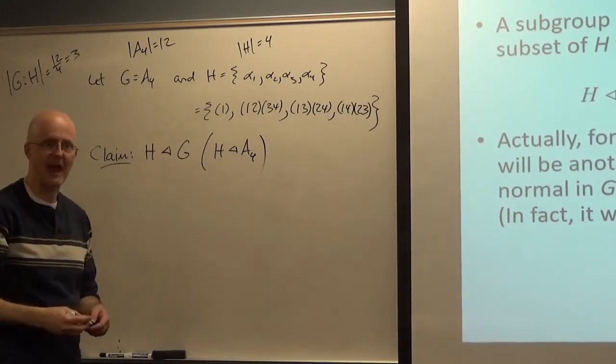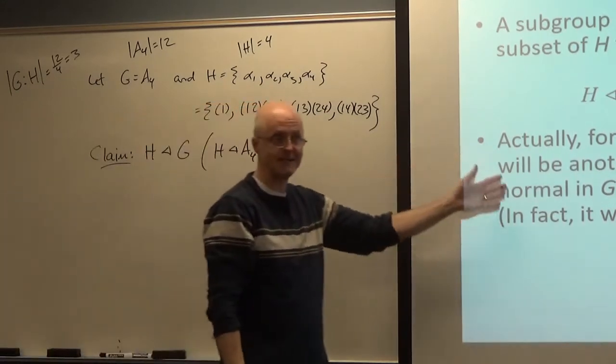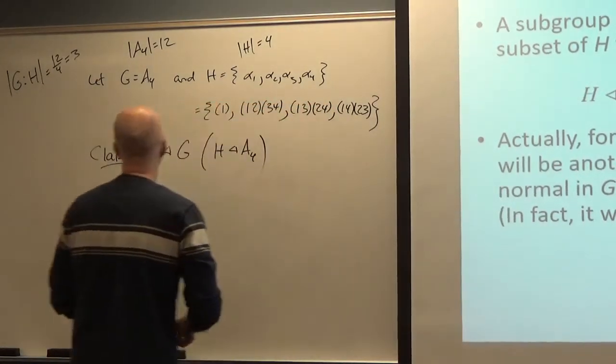So we can't use that fact that says that when the index of a subgroup H in a group G is 2, then H must be normal in G. But I claim this thing is normal anyway. And this fact is actually the quickest way to see it.